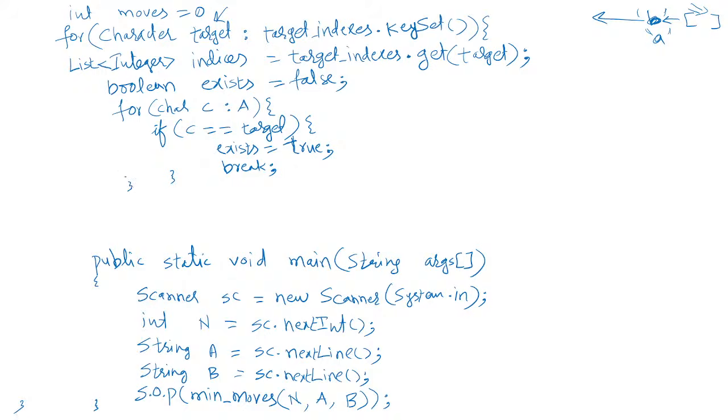Got it. In this loop we are checking whether the target character is present in A or not. Sometimes the target character may be present in A at the end, so you need to check up to the last character. If it is not present, then only you should come out.